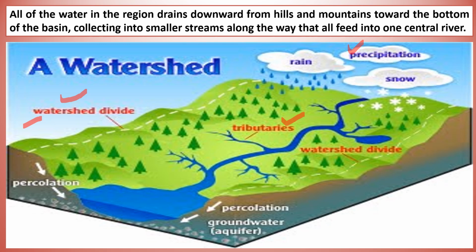Percolation is the process of water seeping into the ground and replenishing groundwater. This water infiltrates through the soil and porous rock to reach the aquifer. Then there is groundwater or aquifer, underground layers of water-bearing rock or sediments that store groundwater. Groundwater feeds into streams and rivers, contributing to the base flow of water bodies in the watershed.